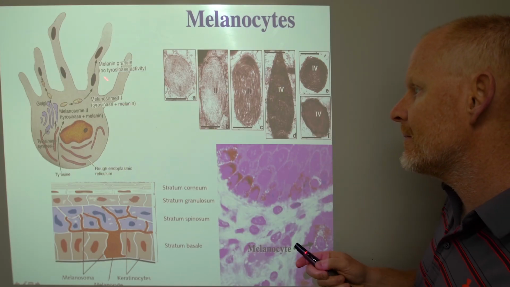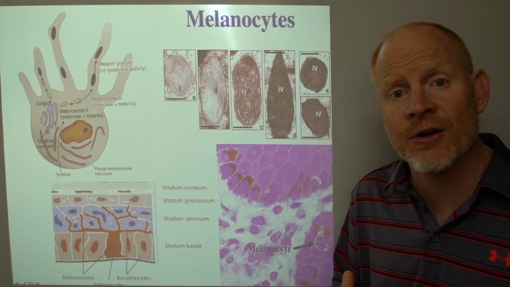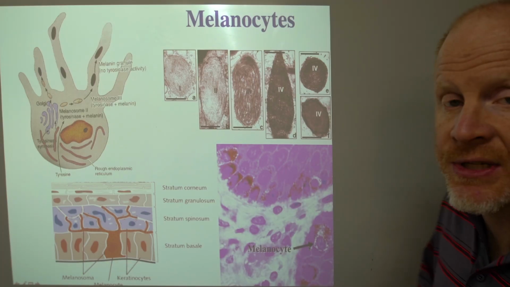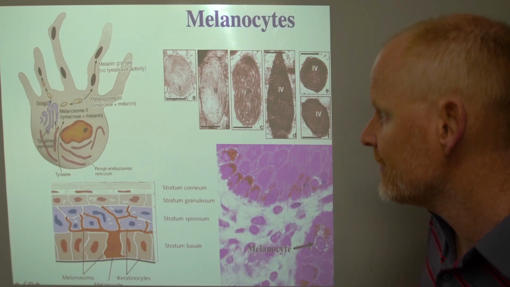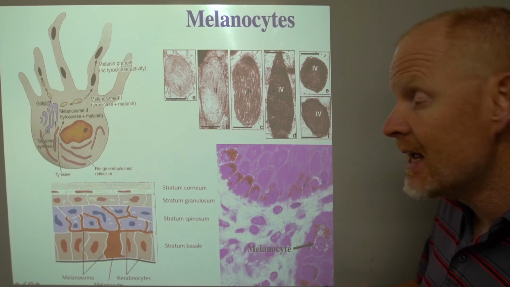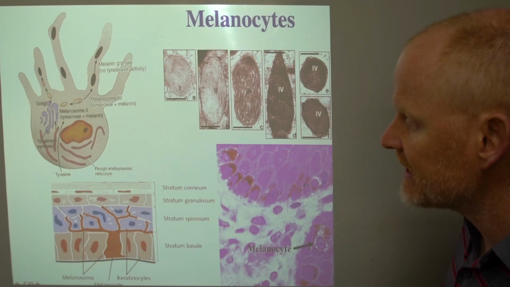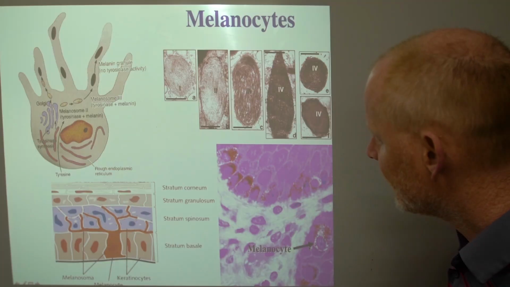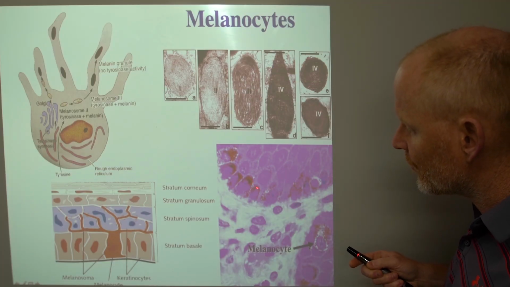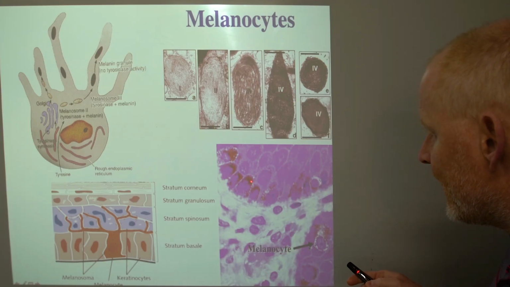What these cellular processes do is deliver melanin granules to the cells. The melanin is actually exocytosed to the interstitial fluid, or interstitial space, around the basale cells, and then the basale cells take them up through phagocytosis. The melanin granules are then delivered to right on top of the nucleus, forming what is called a melanin cap.